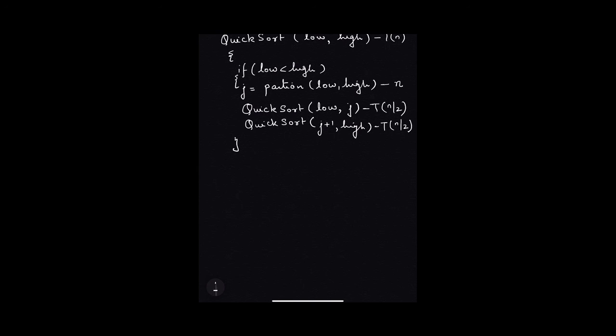So the total recurrence relation that I am getting is T(n) = T(n/2) + T(n/2) + n, that is 2T(n/2) + n, for all values of n greater than 1. And for n equal to 1, T(n) becomes 1.